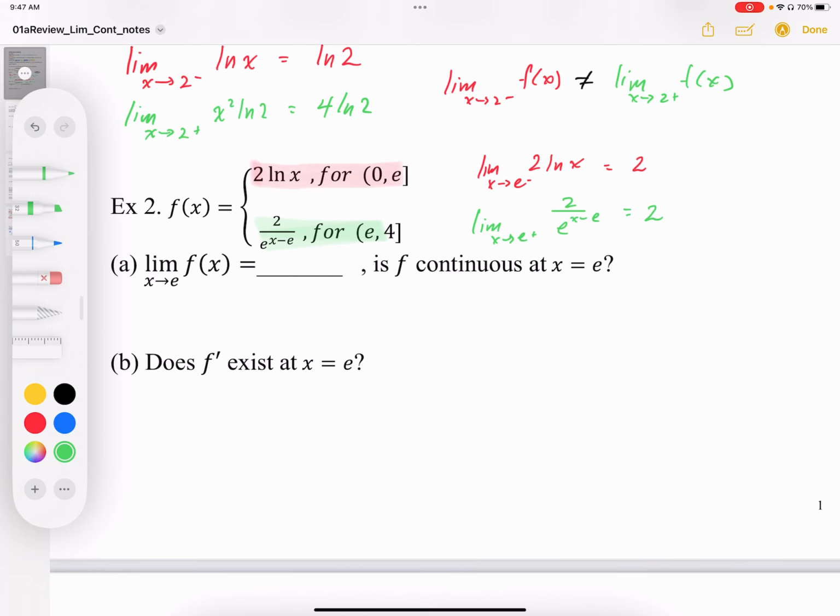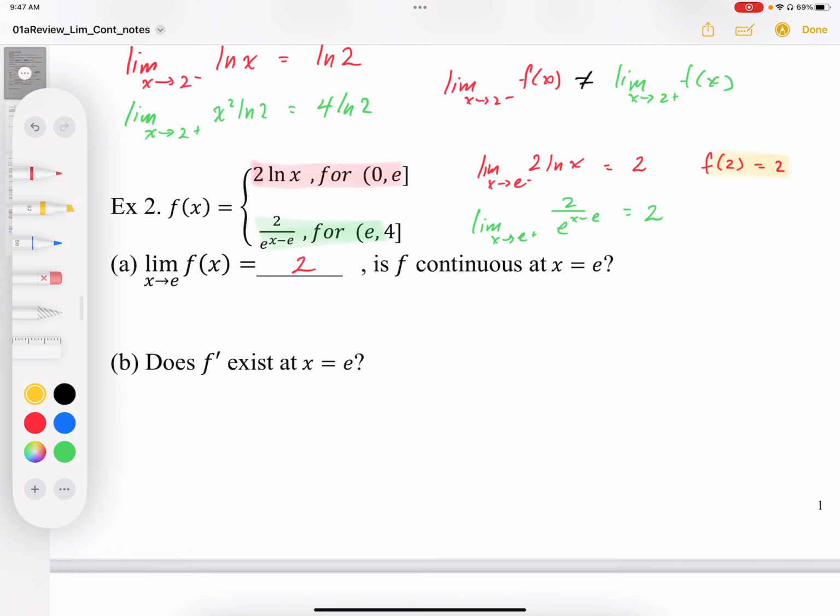Okay, and we know that f of e is defined by the upper function. f of e is also equal to 2. So the limit as x goes to e of f of x is equal to 2. And because it satisfies the second condition, okay, so the first condition is the two-sided limit being equal to 2.